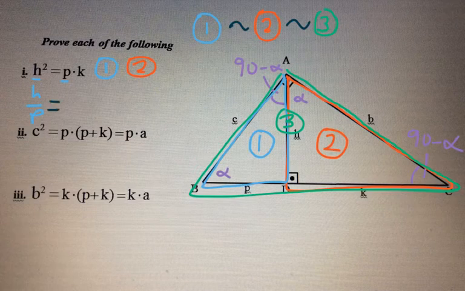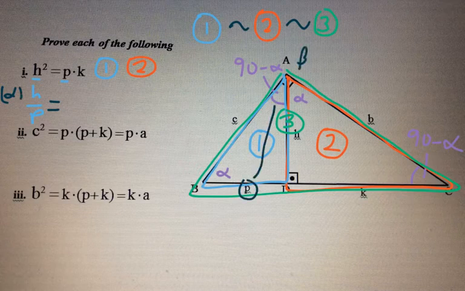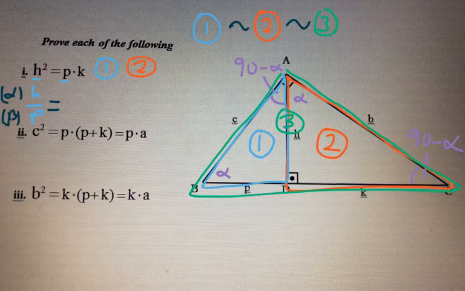H is opposite to angle alpha, so let's make a note of that here, alpha, and P is opposite to the angle 90 minus alpha. Just to make that a little bit easier, let's call 90 minus alpha beta. So if we undo those, this angle here was opposite beta.